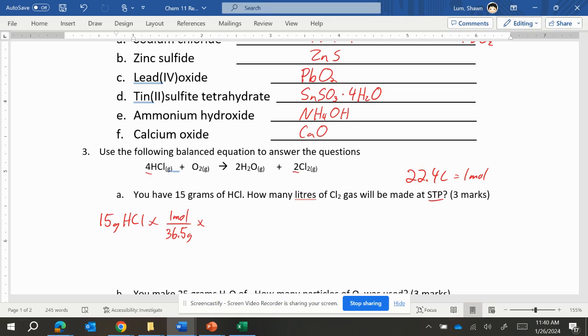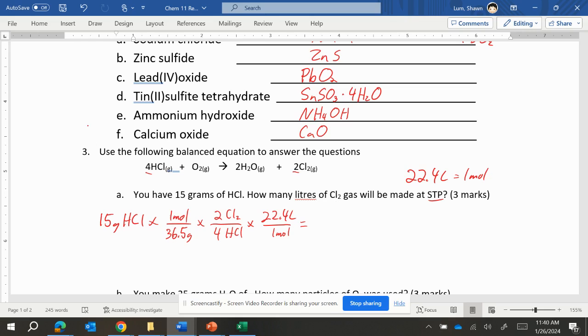It's a 2-to-4 ratio, so that means it's going to be 2 chlorine gas over 4 HCl. And now, if I just did this calculation, I'm in moles of chlorine gas, and I want liters.